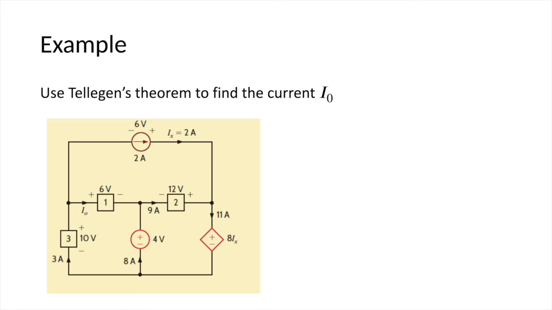Okay, let's take a look at this example: use Tellegen's theorem to find the current I0. We can write down the power absorbed by the passive elements and the power supplied by the active elements, and write down the equation. First, let's take a look at the passive elements. There are three passive elements: element 1, element 2, and element 3.